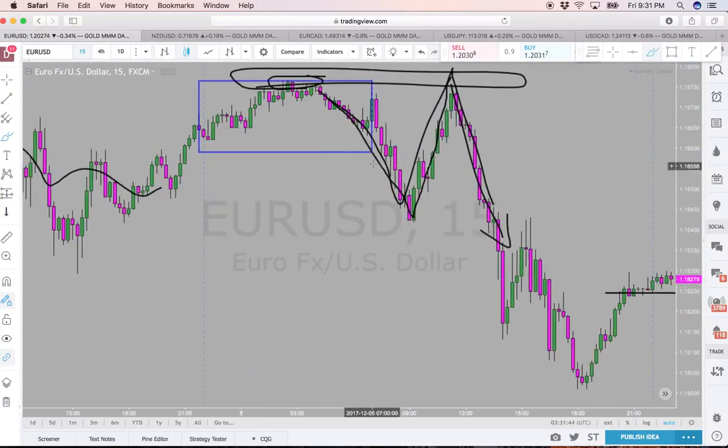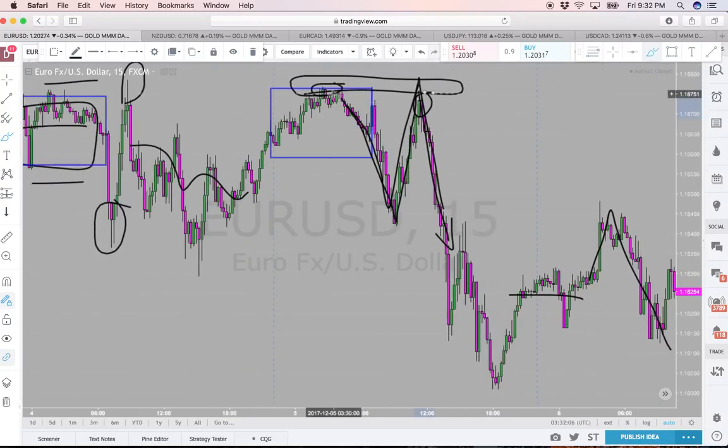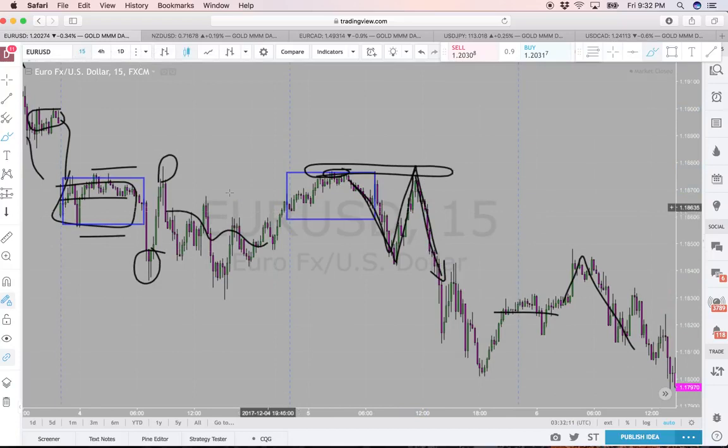So if there is a second leg to the high or the low of Asian session consolidation that happens during London or New York session and has this same structure or looks similar, a lot of times they're trapping orders at either the high or the low to then reverse and take their money.